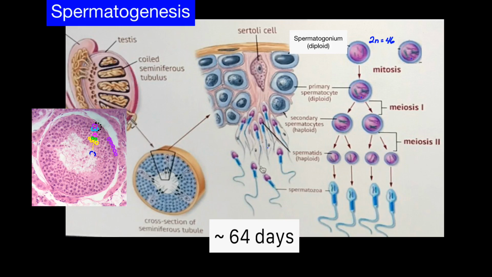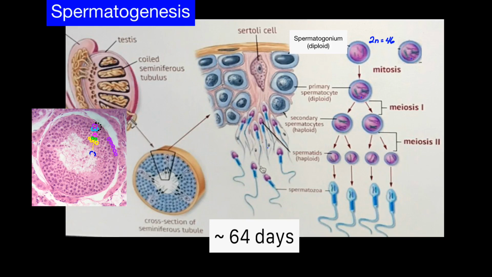Here I have a slide image with lots of colors on it. I'm showing you that this whole process works from the outermost edge of the tube towards the center as we go through rounds of meiosis, and you can see the cells become more sperm-like.